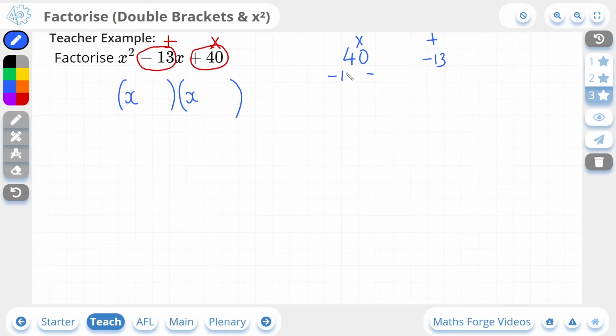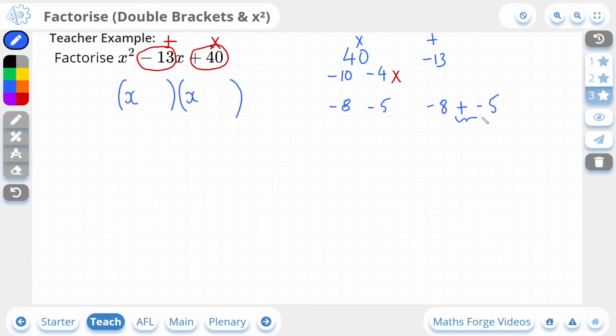And if I do negative 10 and negative 4, negative 10 multiplied by negative 4 will give us positive 40. However, they will not add to give you negative 13. They will add to give you negative 14. So these do not work. How about negative 8 and negative 5? Negative 8 multiplied by negative 5 will give us 40. And negative 8 plus negative 5, we try and add them together.